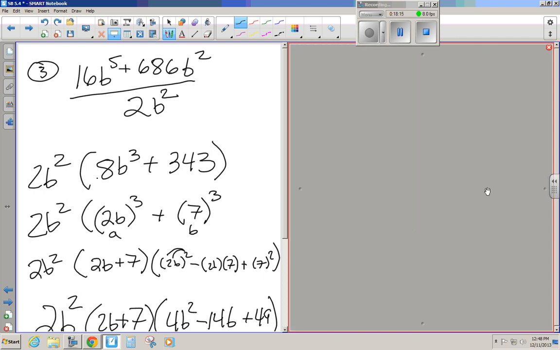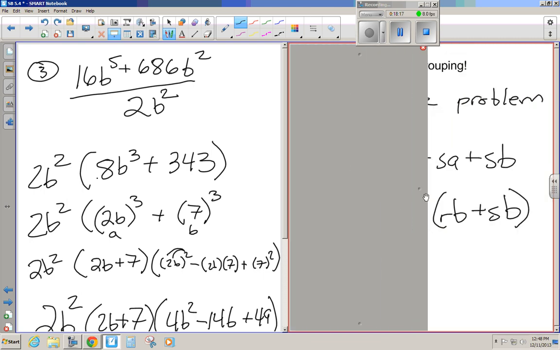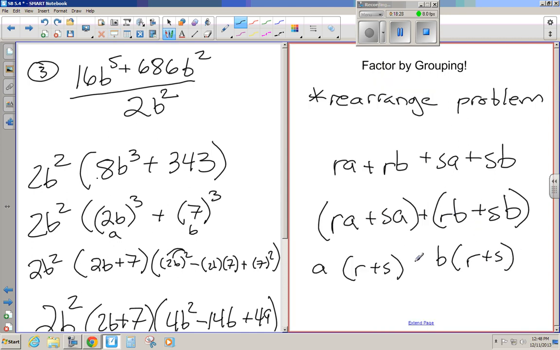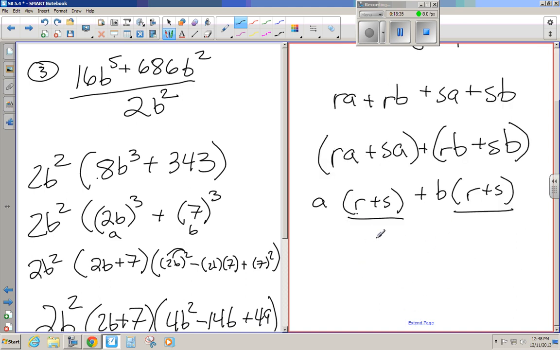On this side, rb, sb, they have a b in common, r plus s. All right? And now in between, look, all of a sudden they both have an r plus s in common. And so all you do is you take out the r plus s, and you just keep what's left over. You take out what they have in common.